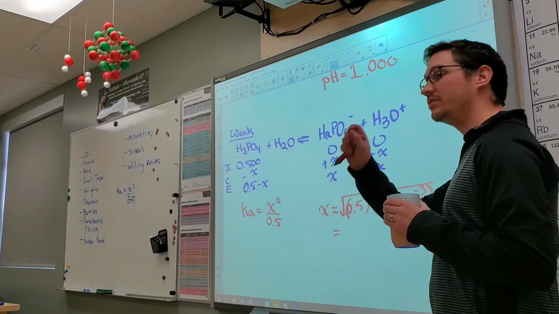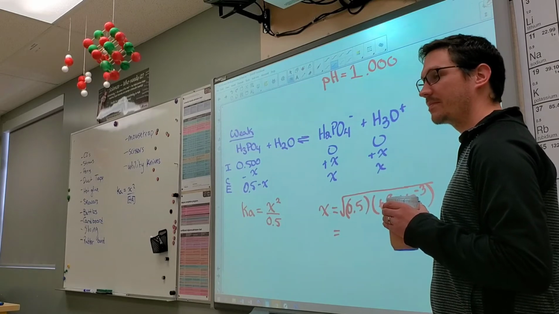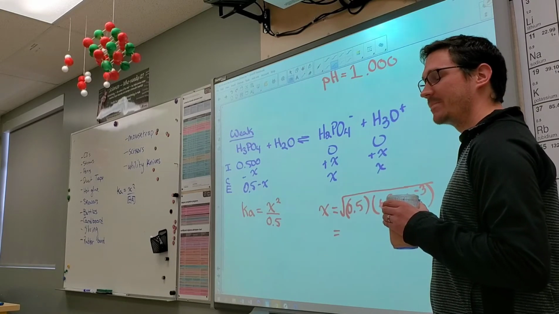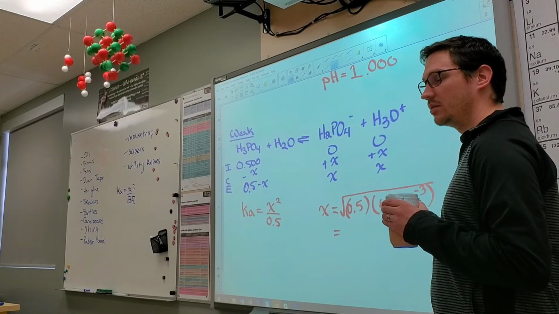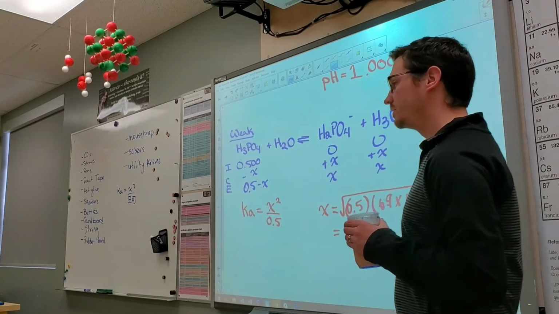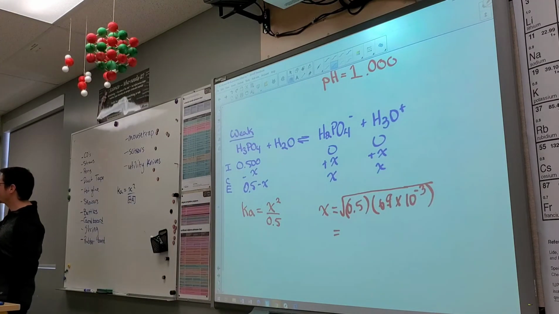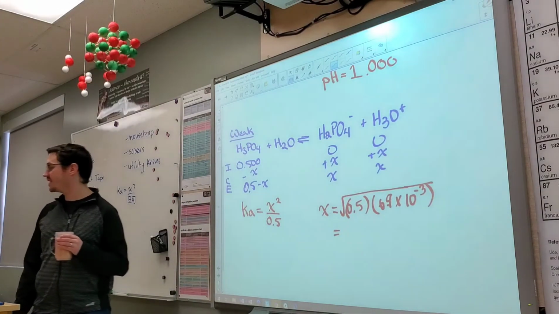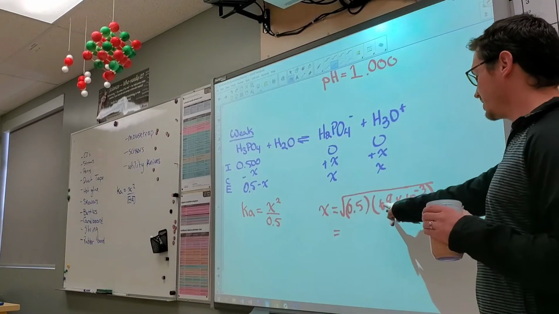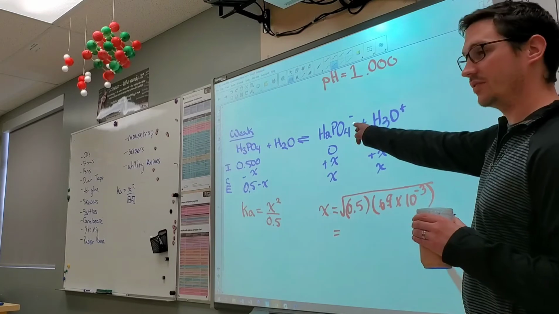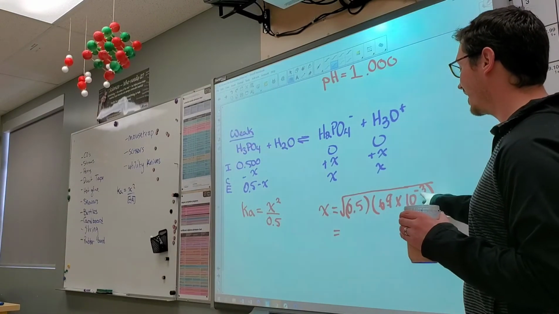Look at the Ka of dihydrogen phosphate. What is it? The Ka is 6.2 times 10 to the negative 8. Okay, let's look at this. It's 6.9 times 10 to the negative 3 for this reaction. For the next reaction, 6.2 times 10 to the negative 8.